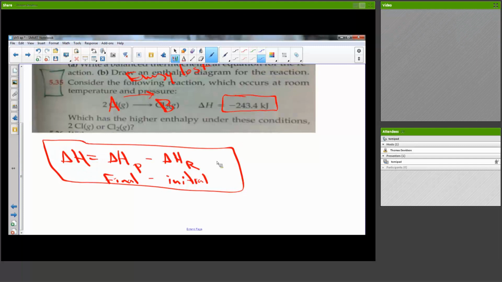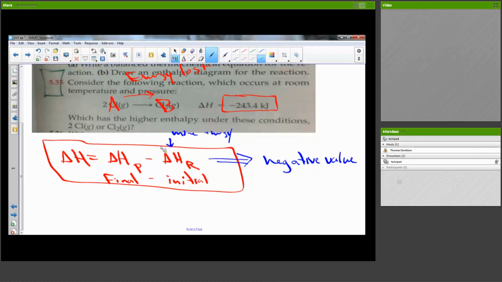In order for this answer to be a negative value, what does that mean about these two things in relationship to each other? It means that my reactants have more energy, or enthalpy, same thing, than my products.